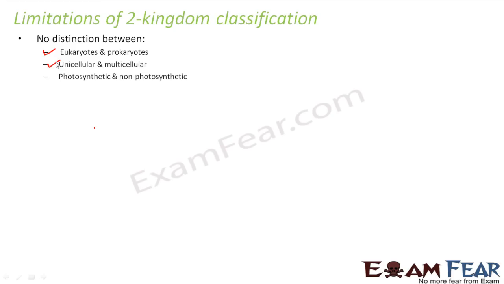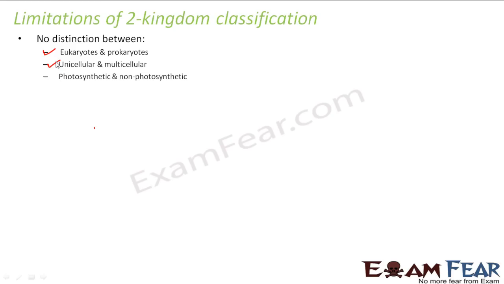No, right? Because when the organism is made up of one cell, the entire process and the entire life cycle of that organism changes completely. So a unicellular and multicellular distinction should be there. Similarly, a eukaryotic and prokaryotic distinction has to be there.